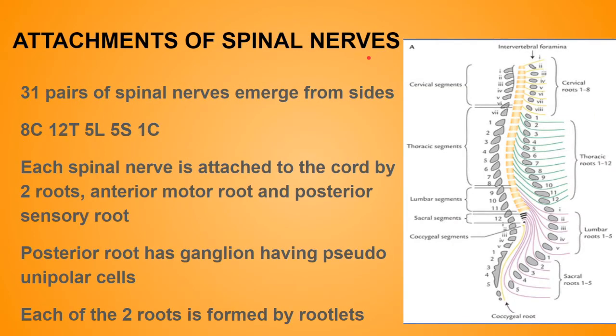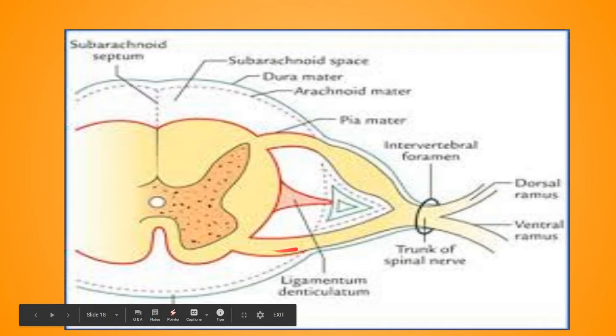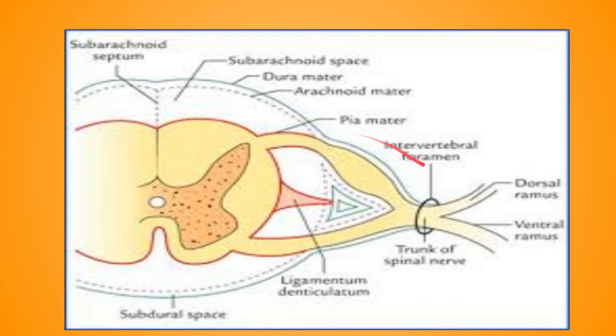Now we all know we have 31 pairs of spinal nerves emerging from the side of the spinal cord. Out of these 31, 8 are cervical, 12 are thoracic, 5 are lumbar, 5 are sacral and 1 is coccygeal. Each spinal nerve is attached to the cord by two roots, the anterior root and the posterior root.